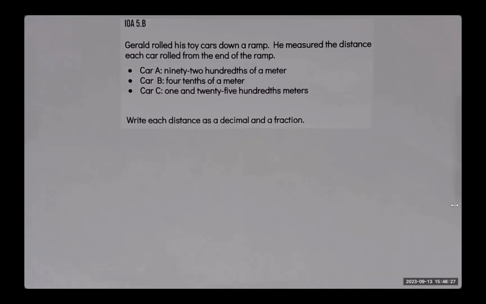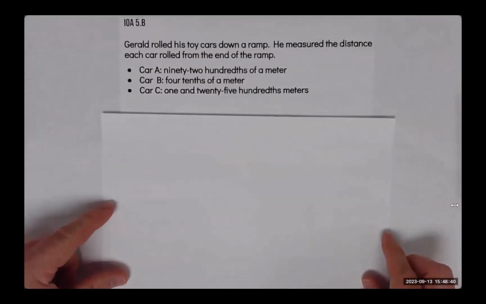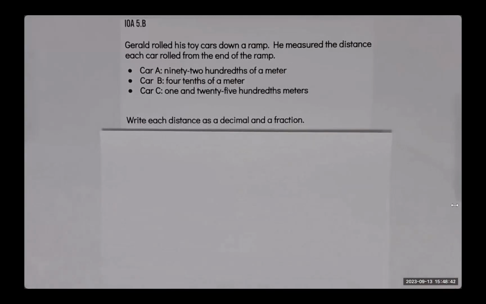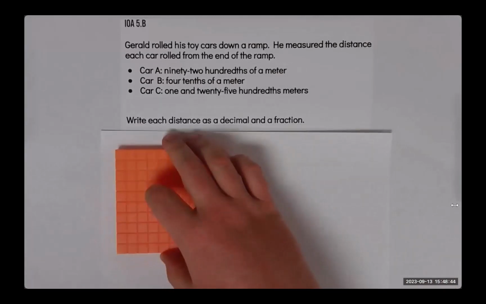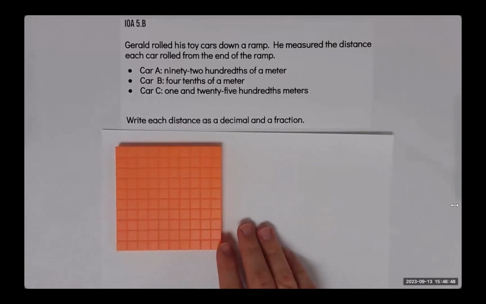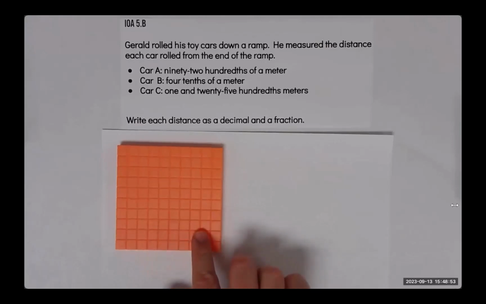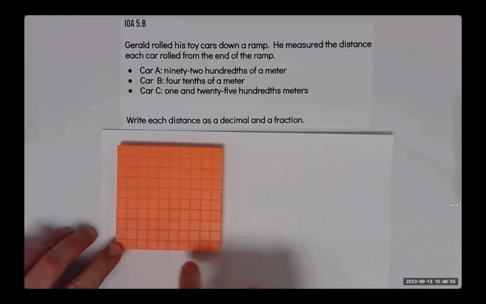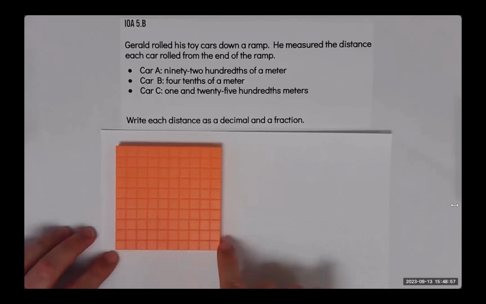Let's start by creating this concretely using our base 10 blocks. So, taking a look at our base 10 blocks, I see that 92 hundredths of a meter needs to be made for car A. I know that 1 whole meter would be our flat. But we have to make 92 hundredths of a meter. I know that 1 whole meter is made up of 100 hundredths, or 10 tenths.